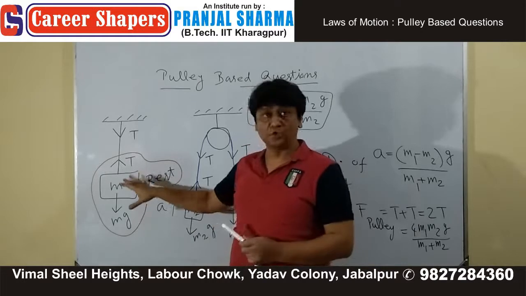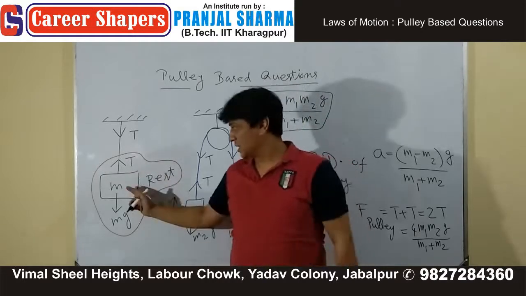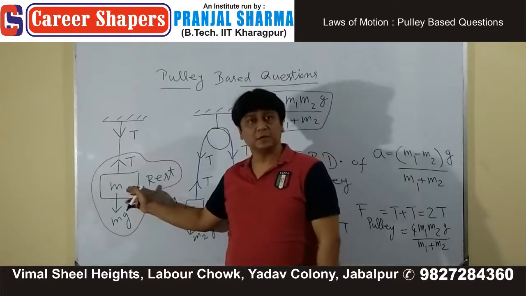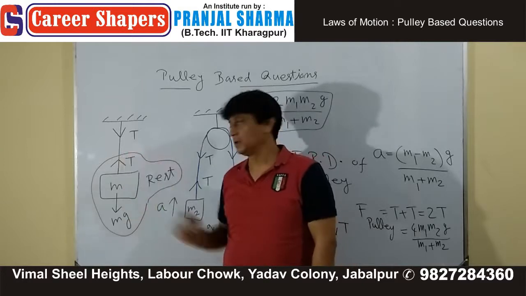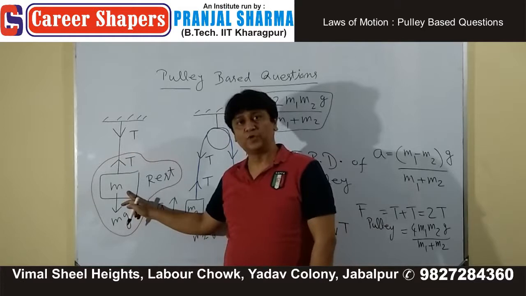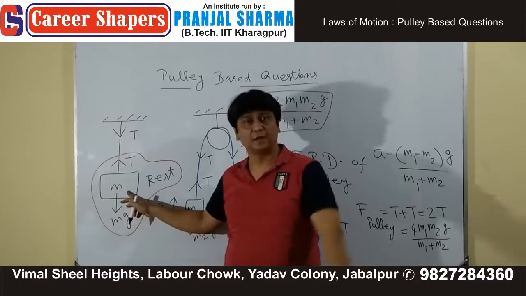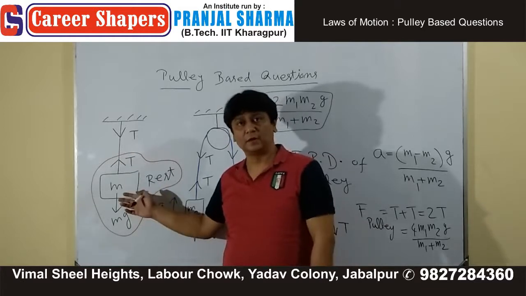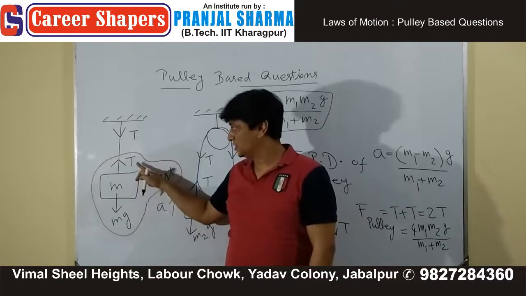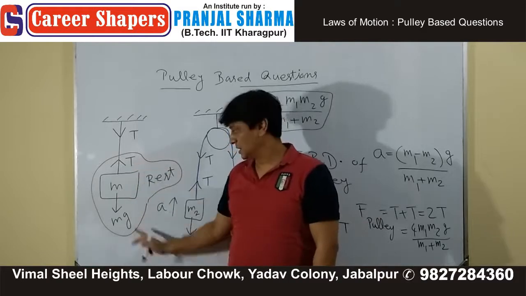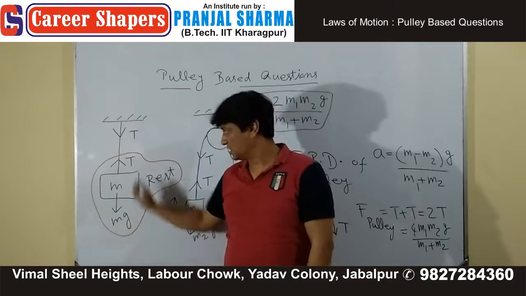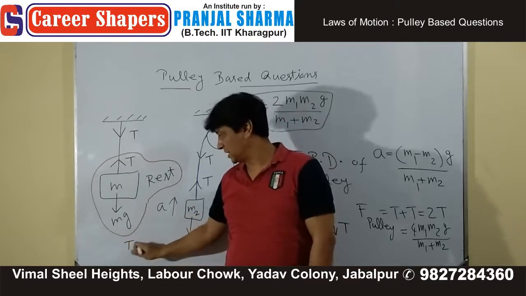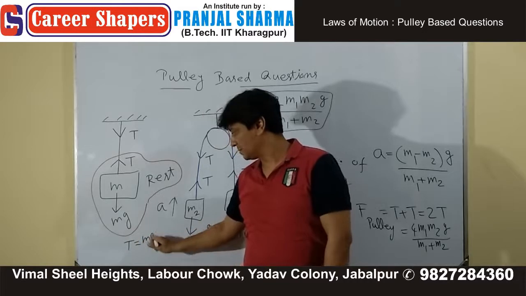And this tells you what? ये जो m है इस पर नीचे क्या लगा mg, ऊपर क्या लगा T. क्या ये मूव कर रहा है? नहीं. If it is not moving, then this T is balancing what? mg. इस सेटअप में आप आंसर क्या देते? T कितना है? mg.